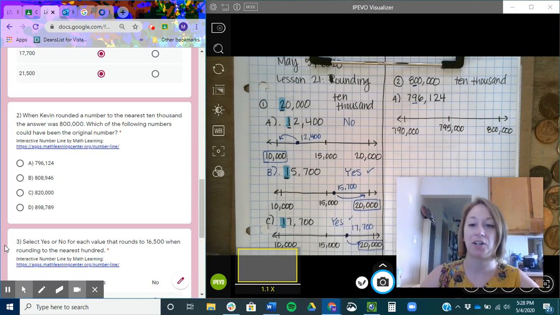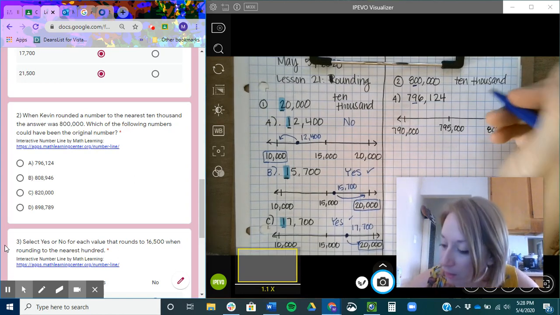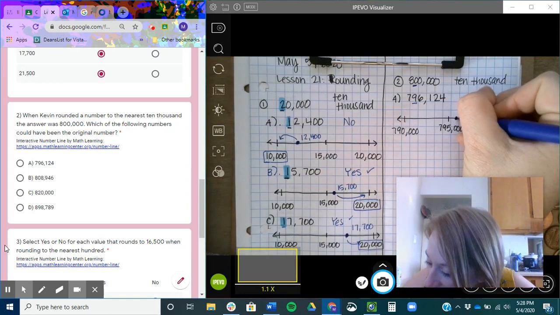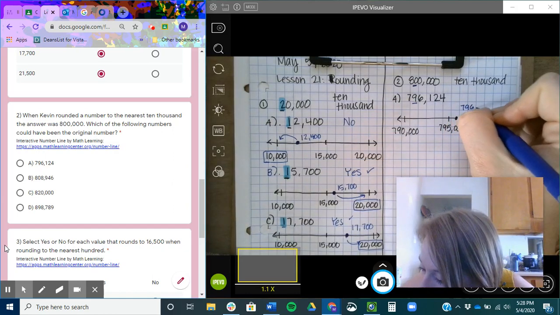Now let's go ahead and find where 796,124 goes on our number line. Is it before or after 795,000? It is slightly after 795,000.